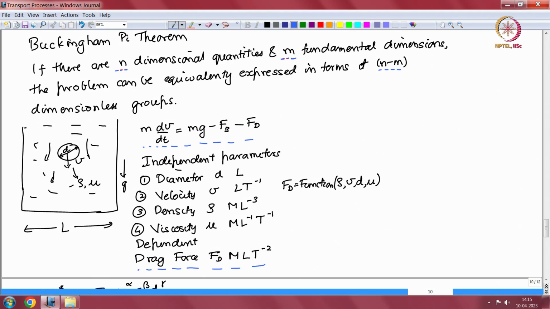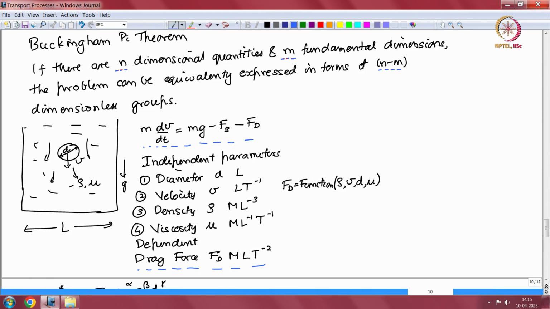The independent quantities are those that affect the drag force. The diameter obviously affects the drag force, because as the diameter changes, the force will also change. The velocity: a faster moving fluid, you would expect to exert a higher drag force. And then there are the fluid properties, the density and the viscosity.